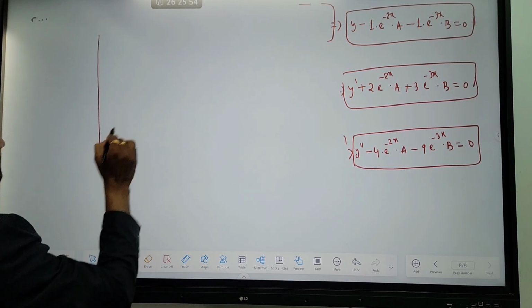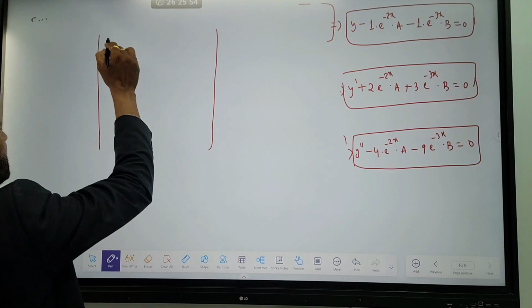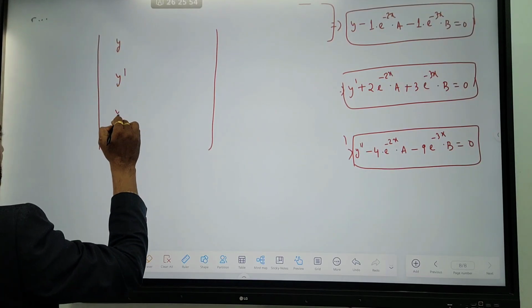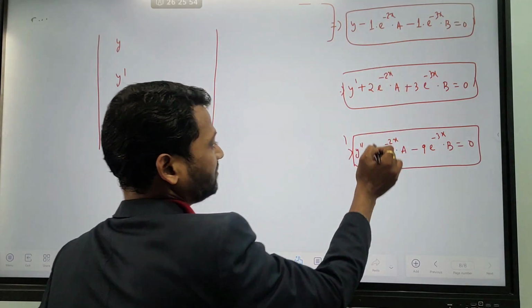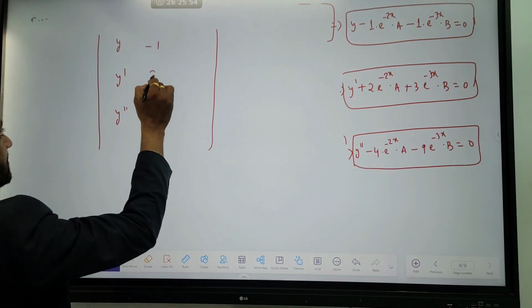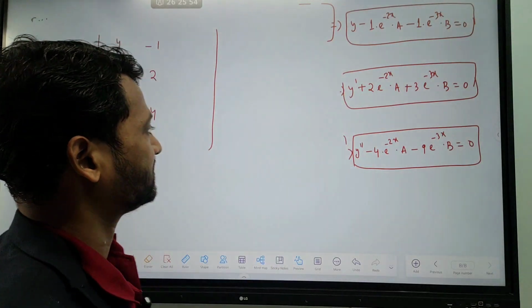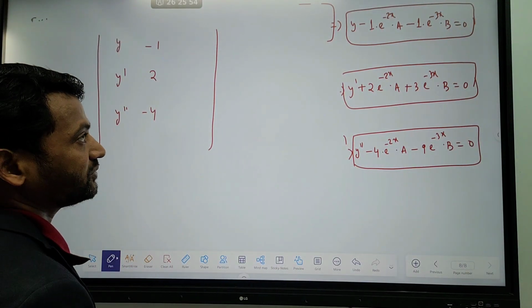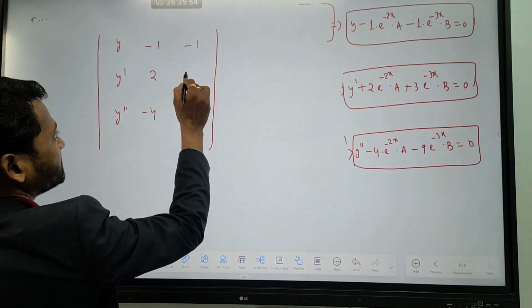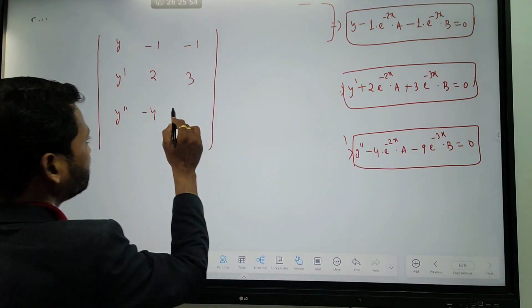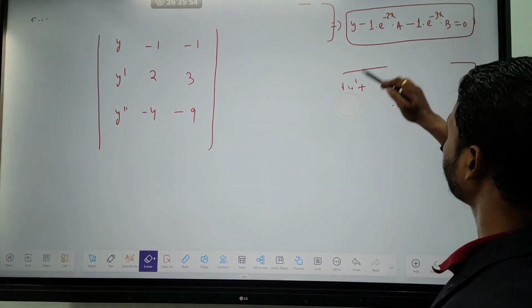The rows are y, y dash, y double dash. Then the second column has coefficients minus 1, 2 and minus 4. Then the third column has coefficients minus 1, 3 and minus 9. Understood? So I'm erasing this part.